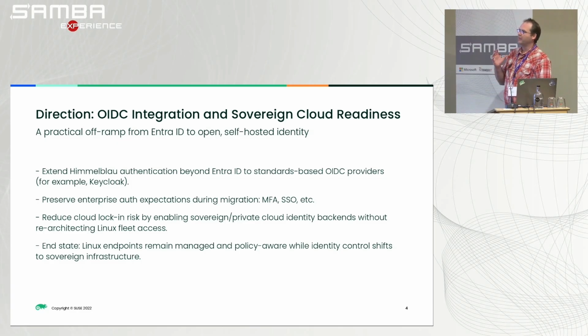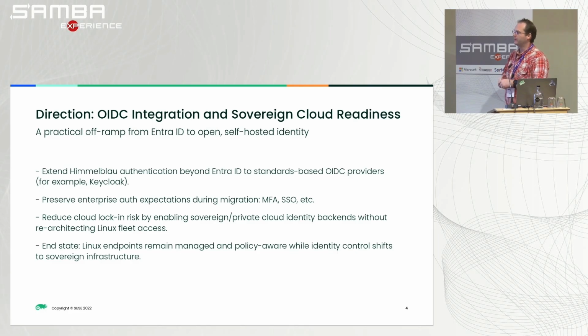So one of the goals of the project recently has been to provide an off-ramp for Entra ID and Intune, because some users are requesting this capability because of sovereign cloud concerns. So recently, Himmelblau has started providing OIDC integration, so that it can integrate with Keycloak, for example, as an identity provider.